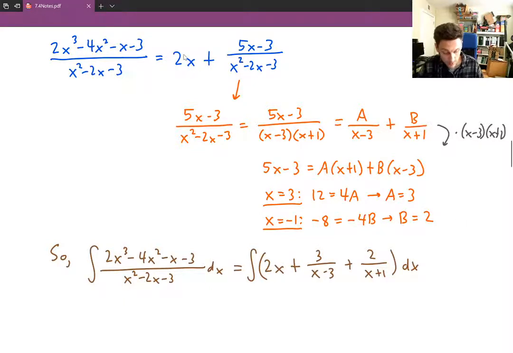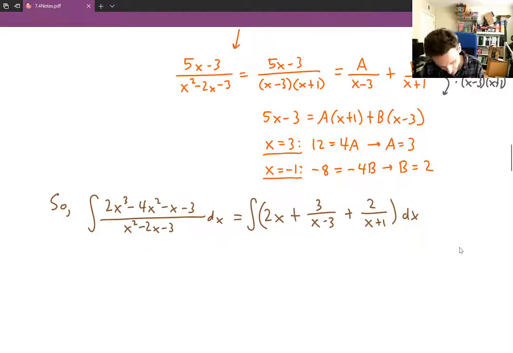Remember that we still have the 2x, so we put that there, and then this remainder fraction broke down into A/(x - 3) + B/(x + 1), where A is 3 and B is 2. So we had to feed those in there.